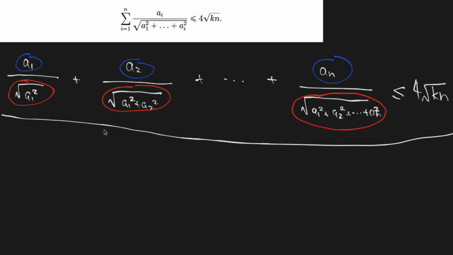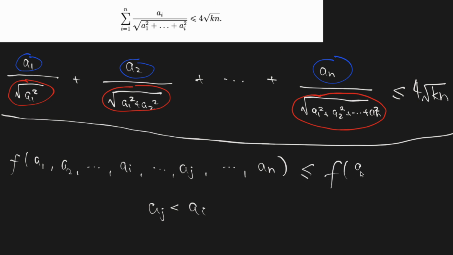For example, if I call this expression a function f of a_1, a_2, up to a_n, and let's say we have a_i, a_j, up to a_n, then what I'm essentially saying is that if a_j was less than a_i, then I can just flip these two variables around, and I would obtain a bigger expression.